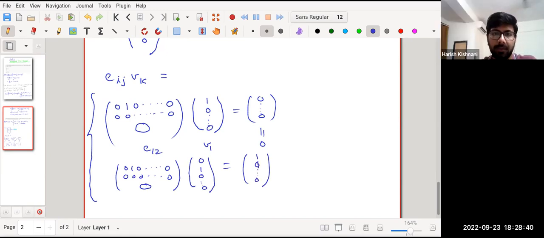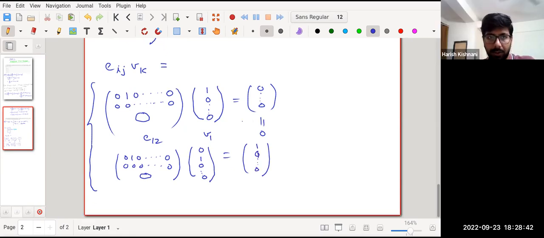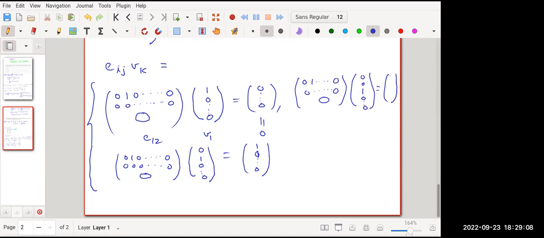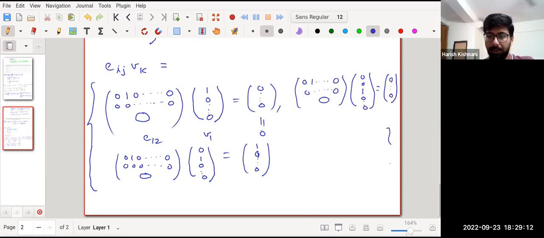Okay, and let's try one or two more examples. Let's choose something different from 1 0 0. So it is 0 0 1 0 0. Now what will be the answer? Yes, zero. Okay, so now I think you can guess it.